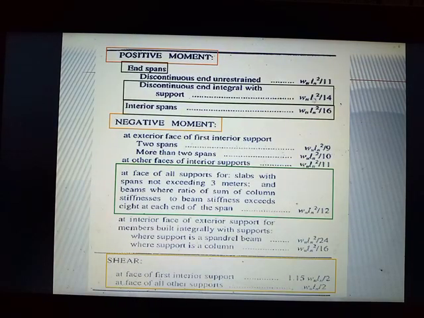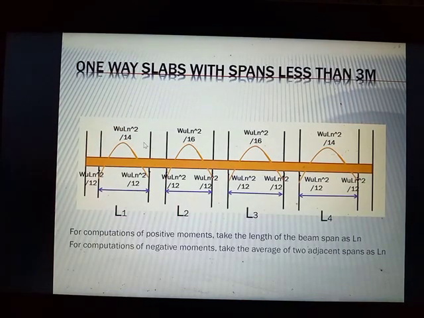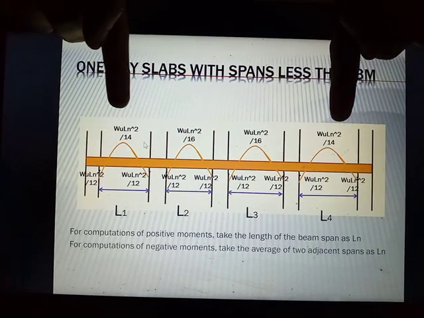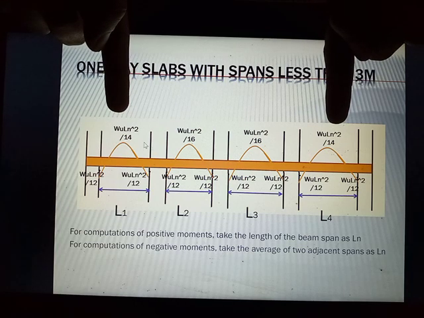WLN squared over 14 for the discontinuous end integral with support, speaking of positive moment, and for the interior span, the positive moment again is WLN squared over 16. And the rest of the negative moment will be uniform at WLN squared over 12. Okay, and again, the rule is the same for computation of shear forces. Since these are the end spans, the positive moment is WLN squared over 14.